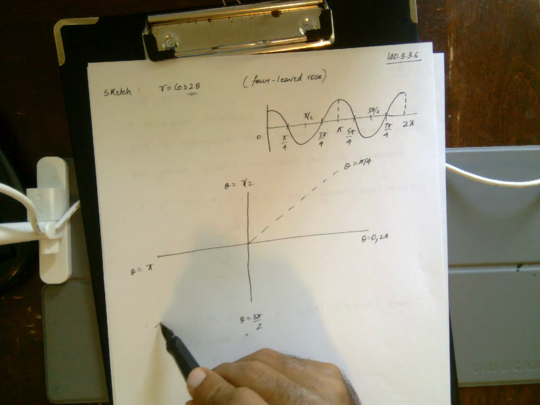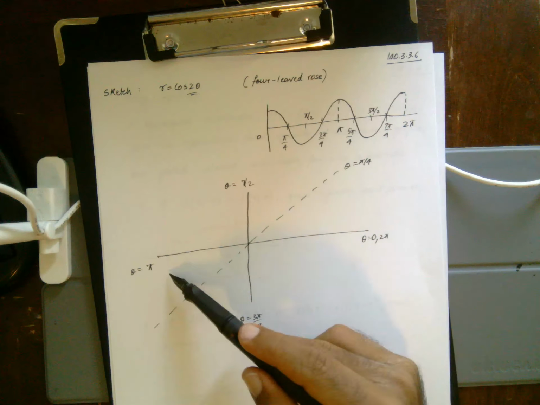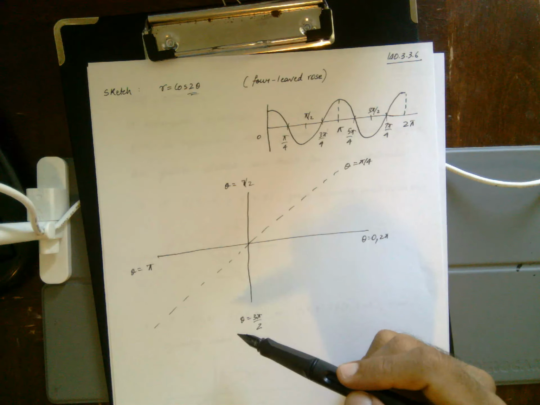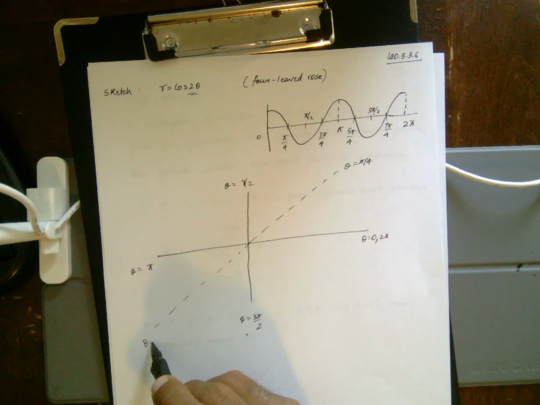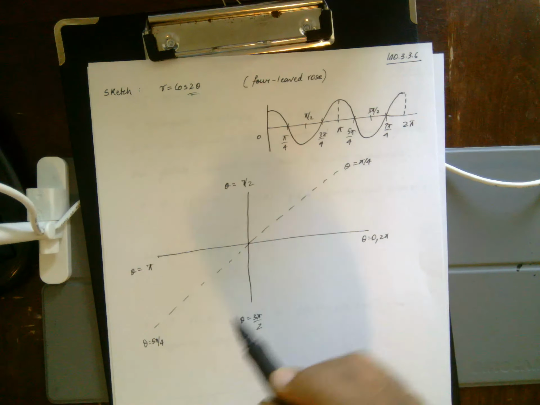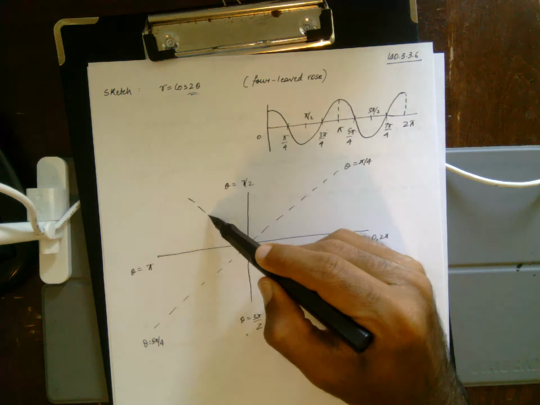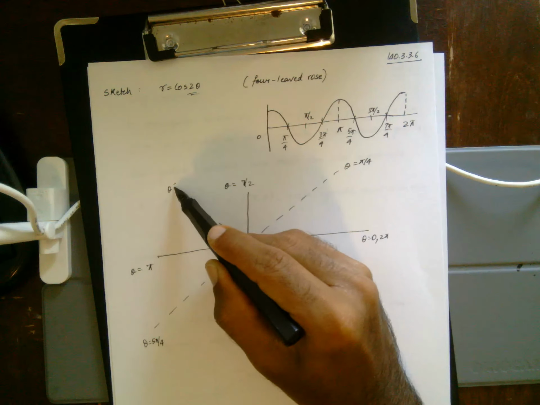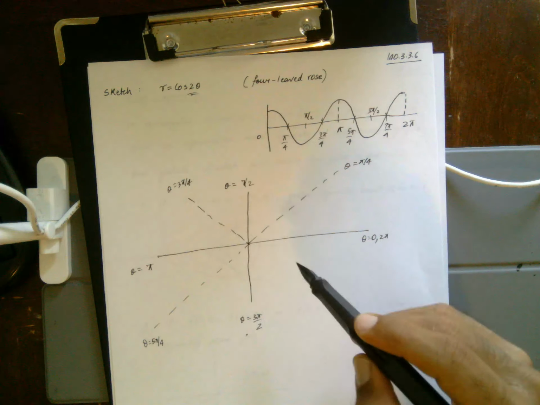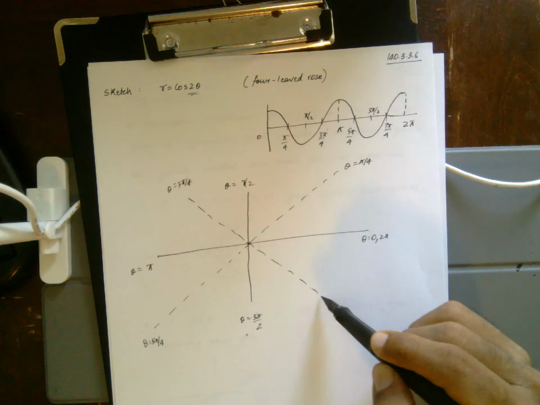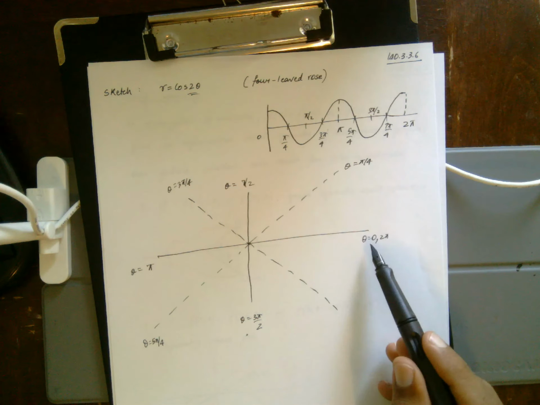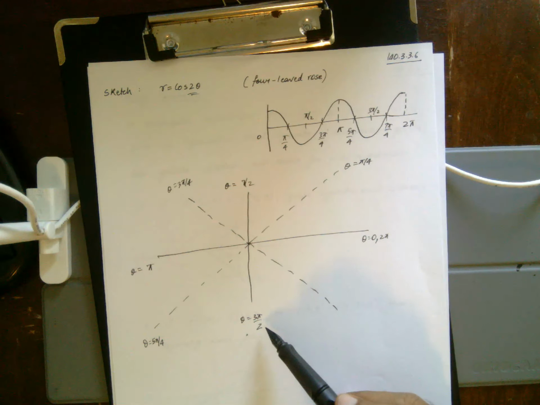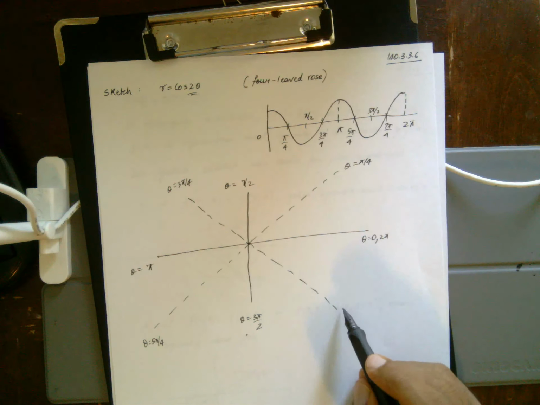Similarly, if you extend this over here, that's going to be halfway between these, which is 5 pi over 4. This angle is going to be 3 pi over 4, and when extended to the fourth quadrant, it's halfway between these, which is 7 pi over 4.